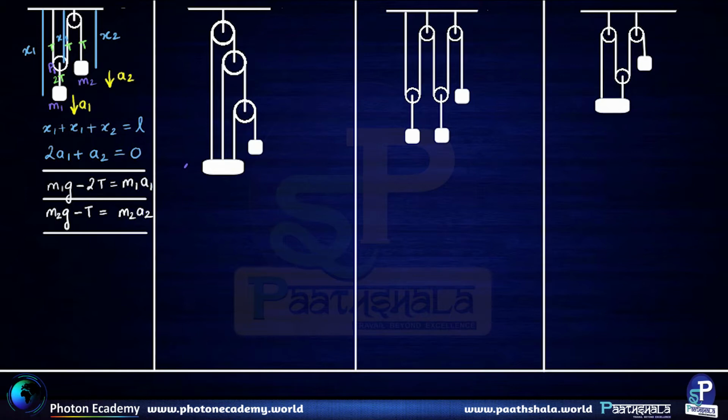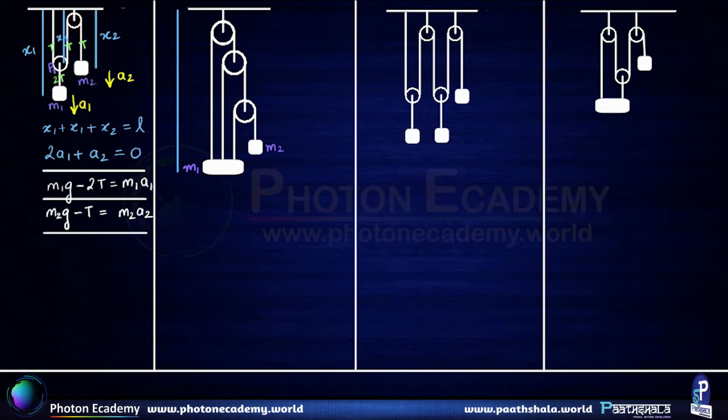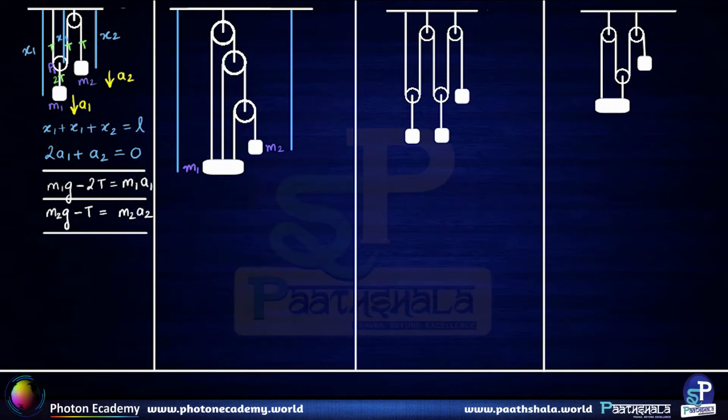Here, this is the mass m1 and this is the mass m2. The distance of mass m1 from the rigid support happens to be x1 and the distance of mass m2 from the rigid support happens to be x2. So let us extend the line of the rigid support to understand it better. So here there are two movable pulleys, P1 and P2.